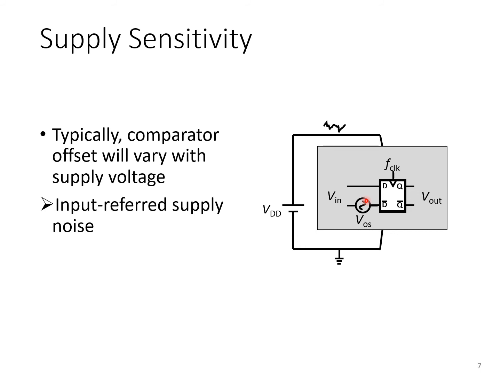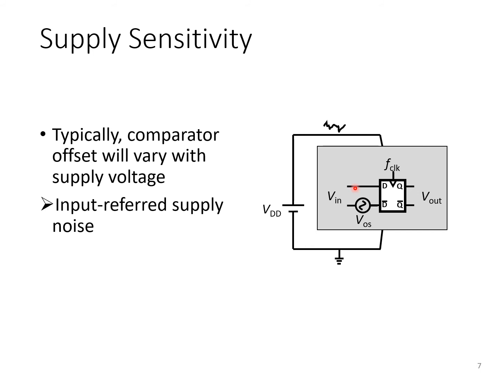What does that mean? That means that if the supply voltage of a comparator is bouncing around, it's like having a noisy voltage source connected in series with the input because the offset will be also bouncing around. So this is one way to think about the supply sensitivity of a comparator.